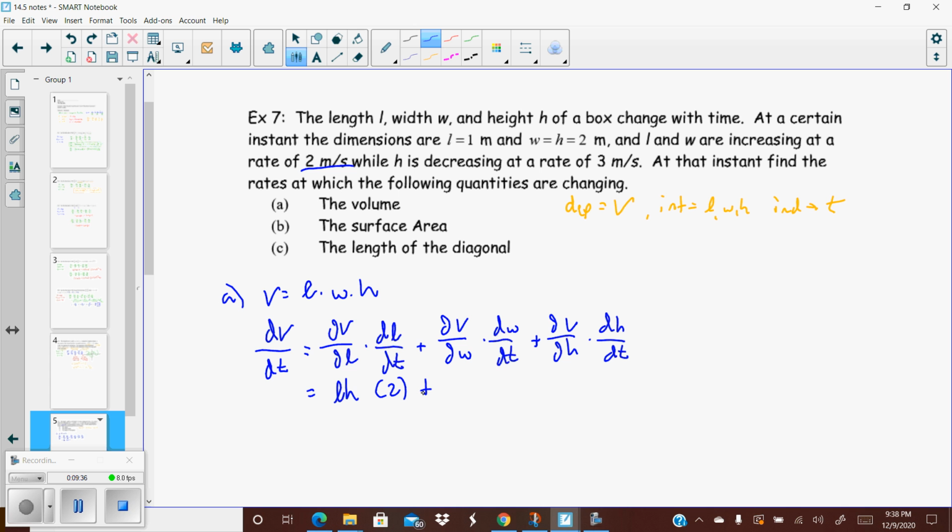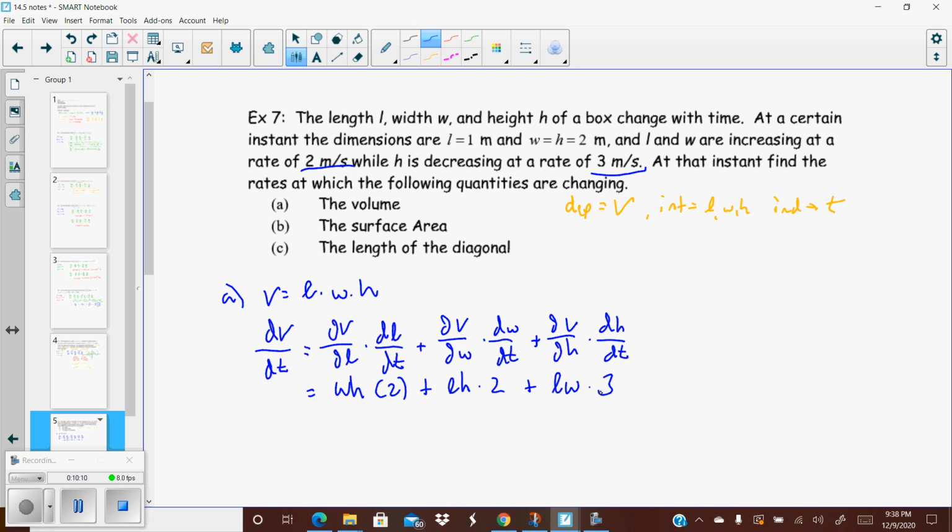Plus, the partial of V with respect to W is going to be, I did that wrong, sorry. First one is with respect to L, that's going to be WH. This one, the partial of V with respect to W is LH, times the derivative of W with respect to t, which is also 2. The partial of V with respect to H is LW, times the derivative of h with respect to t, that one's 3.